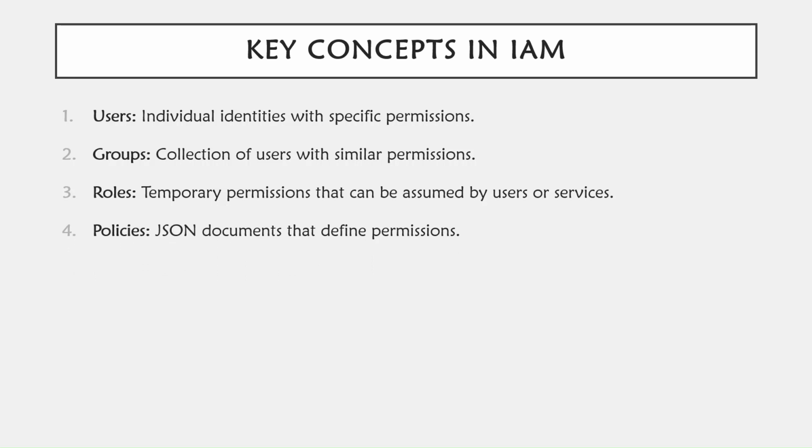We have some types of policies. Identity-based policies are assigned to users, groups, or roles to grant permissions. Resource-based policies are attached to resources to specify who can access those resources. AWS managed policies are predefined policies created by AWS that can be attached to users, groups, or roles.